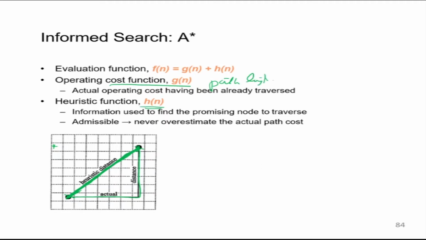The information is used to find the promising node to traverse, and because h(n) is there, it is in a way saying which node has the least distance to the goal, and it should go in that direction. Let's look at how this is done.